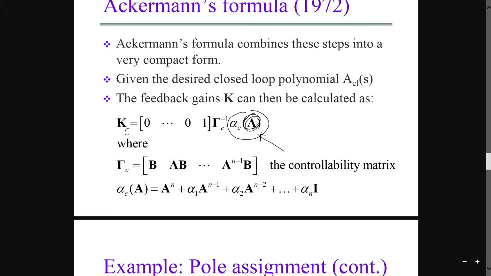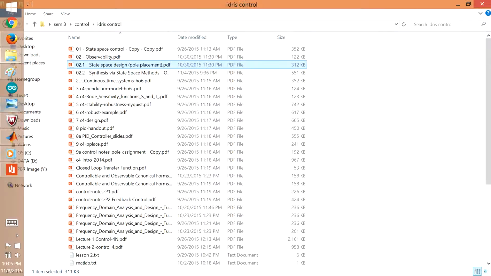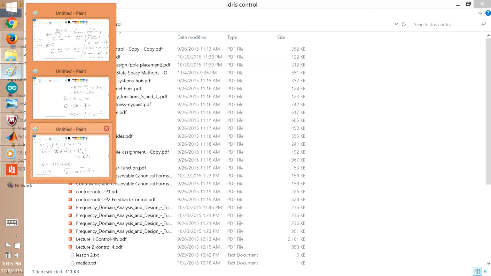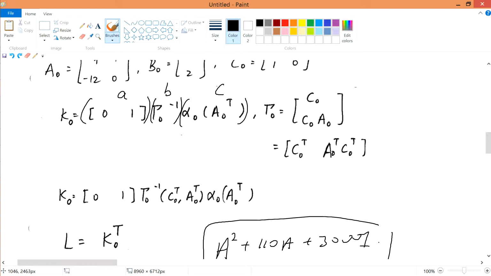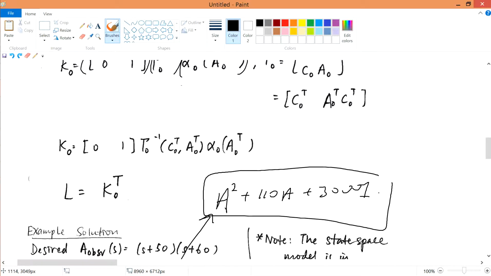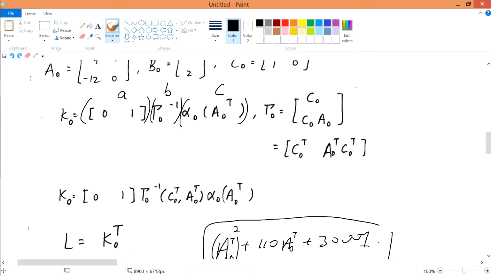So please do not be confused with the observable Ackermann's method when it is in terms of transpose. So I'm going to rewrite this as (A_O^T) squared plus 110 A_O^T plus 3000I. With this, all the definitions for Ackermann's method to find K are set.